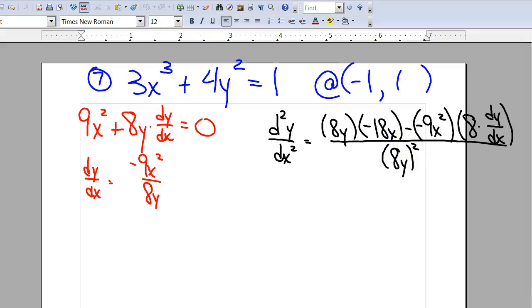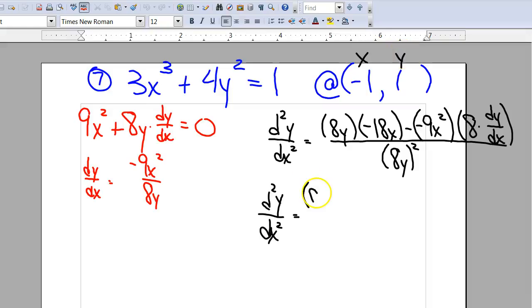And I do not want to simplify that. I don't want to multiply 8 times 18. I don't want to figure out the dy dx and get rid of the fraction over fraction. So, way around it. Let's plug in right now. You know, your x value is negative 1, your y value is 1.